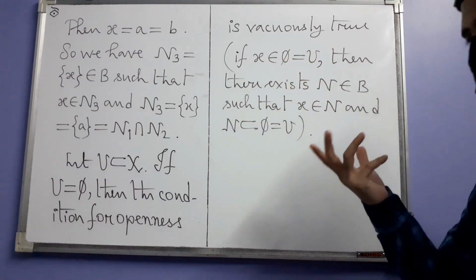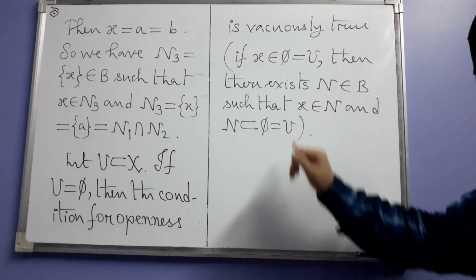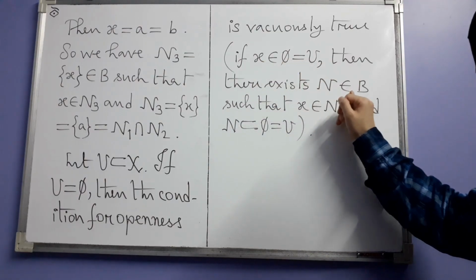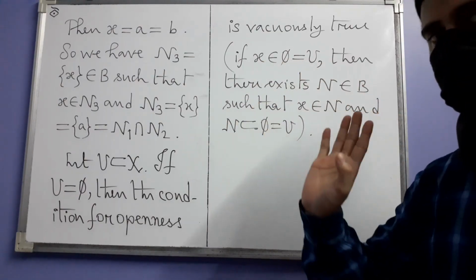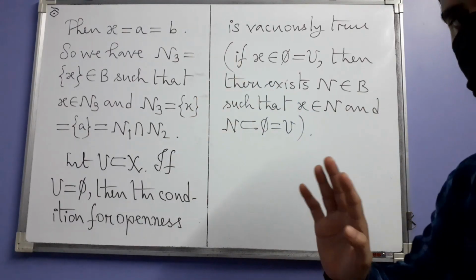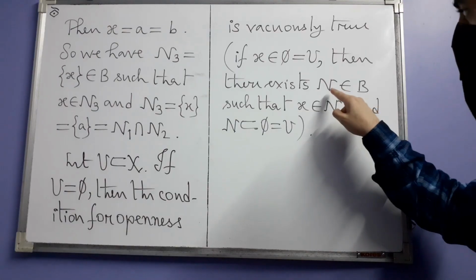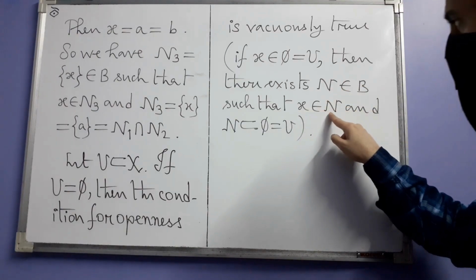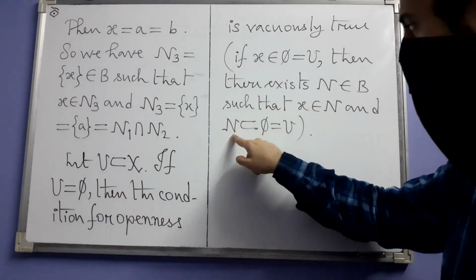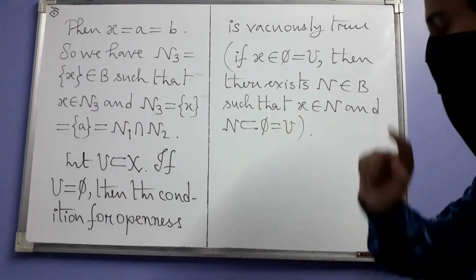Well, what is the condition for openness? That for any X in U, there should exist a basis element. Now we can call it basis element, because we have already shown that they form a basis, such that X is contained in that N, as an element, and N itself is contained as a subset in U.